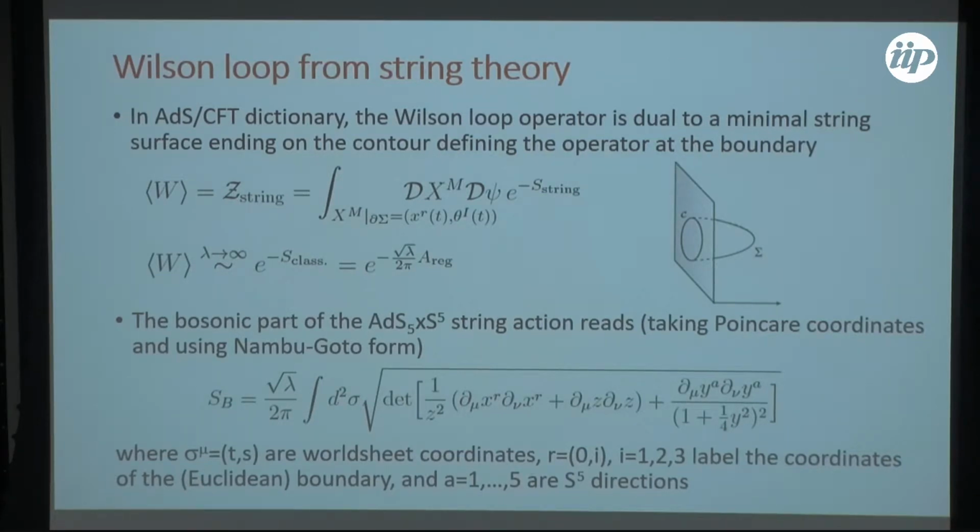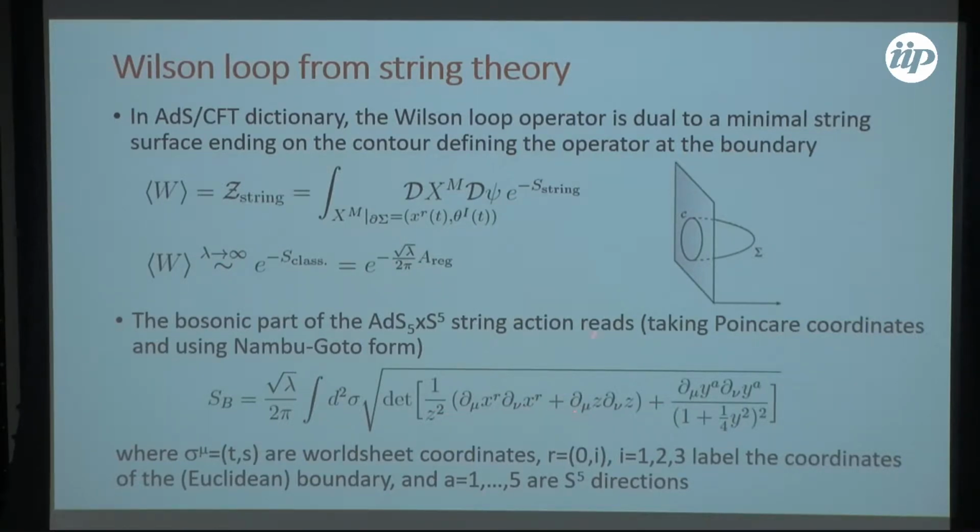I'll focus mainly on the bosonic part of the string action, and it will be convenient to just use the Nambu-Goto action. If we use the Poincare patch coordinates, this is the Nambu-Goto action for AdS5 cross S5, where this is just the Poincare metric.